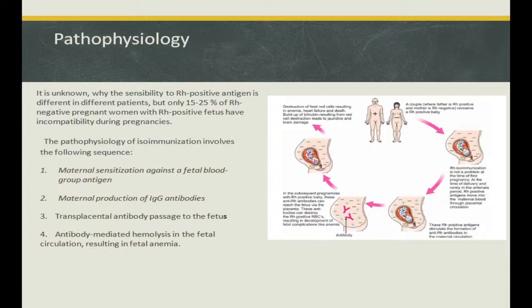Think about this point, please, because it may help us to confirm the diagnosis if we are able to check the number of these antibodies, especially if we are so attentive that we pay attention to their previous presence before pregnancy or at the very beginning of pregnancy, and after 3 to 4 weeks, for example, and more. So, maternal production of immunoglobulin antibodies, and the next step is passage of these antibodies across the placenta to the fetus.